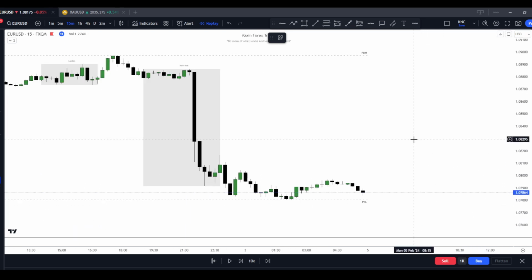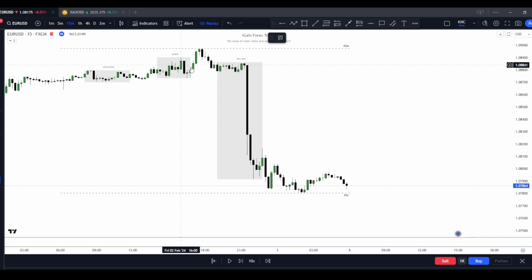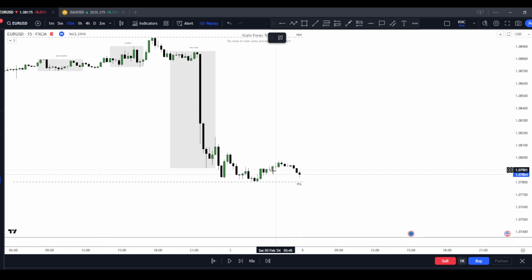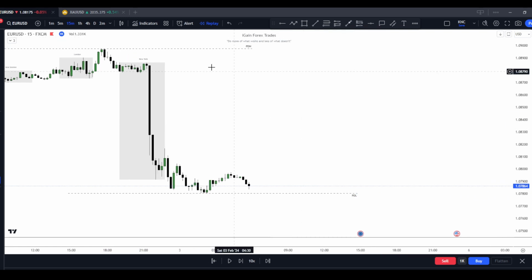There you go, guys. So this is Friday's session, Asia, London, and then New York. We can see here, this is the previous day low, and this is the previous day high.